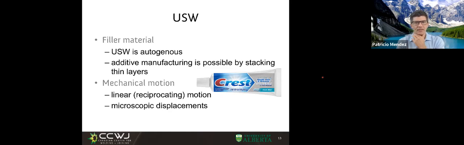Ultrasonic welding is another solid state process, and to some extent is not that different from linear friction welding. The difference is things are done now at the ultrasonic frequency. So instead of moving the parts relative to each other, as we saw in the previous video, you don't move the parts, but you impart shock waves through a sound transducer that cause this localized motion at the interface.